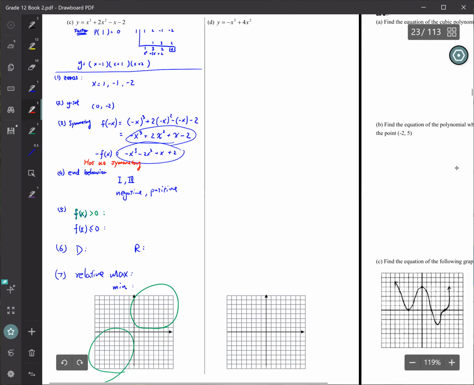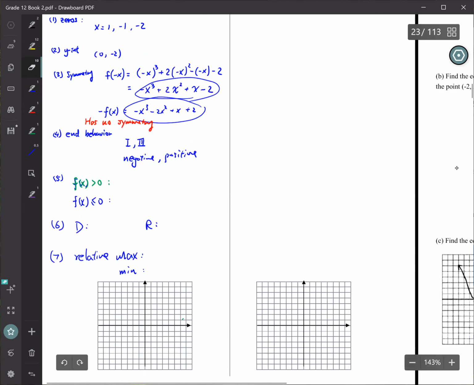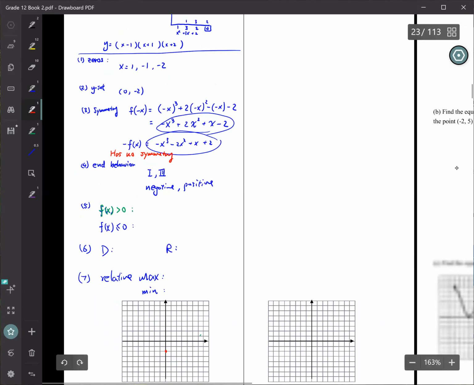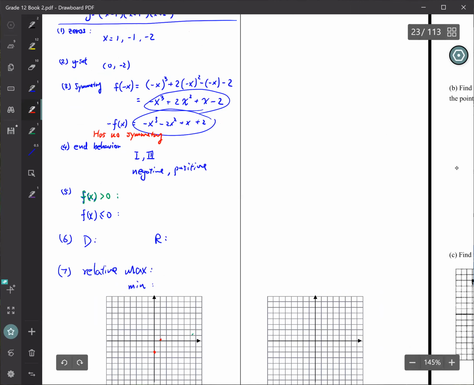Number 5. Now we need to draw the graph. Here the y-intercept is at 0, -2. We can plot that. Then we have zeros at 1, -1, and -2. The end behavior is quadrants 1 and 3.